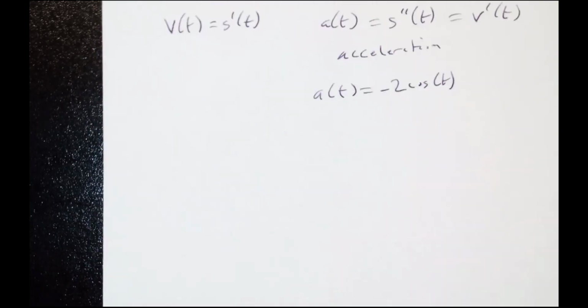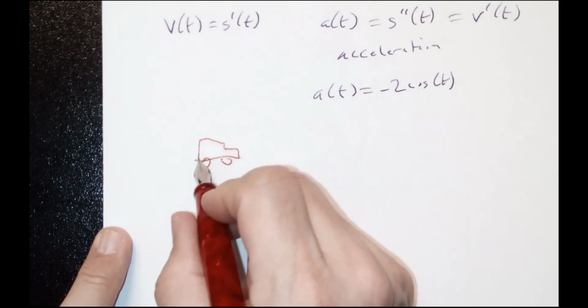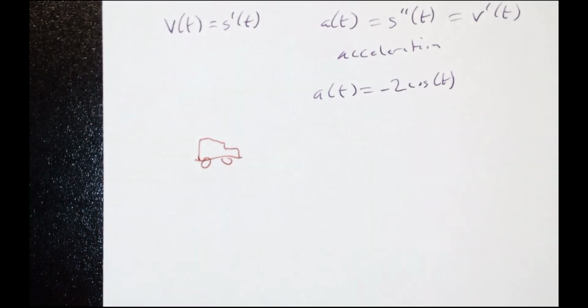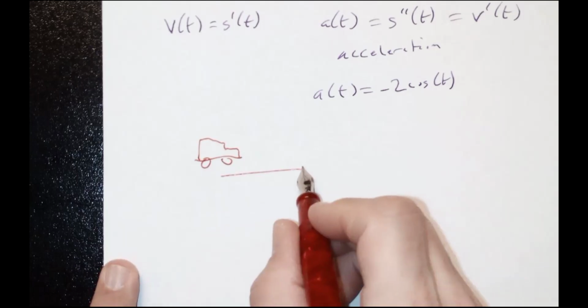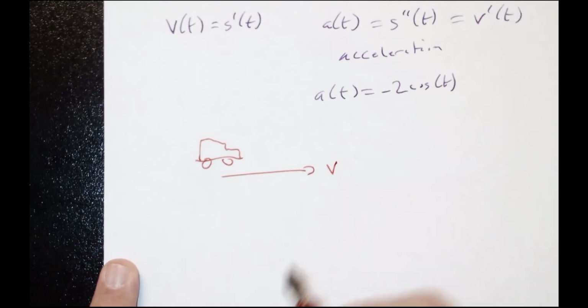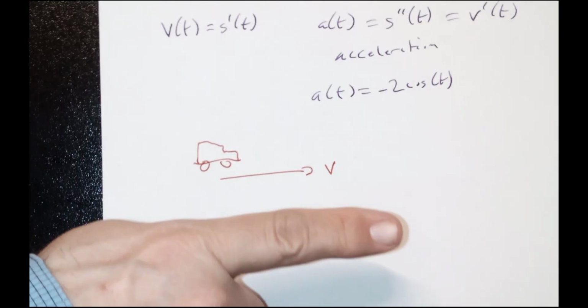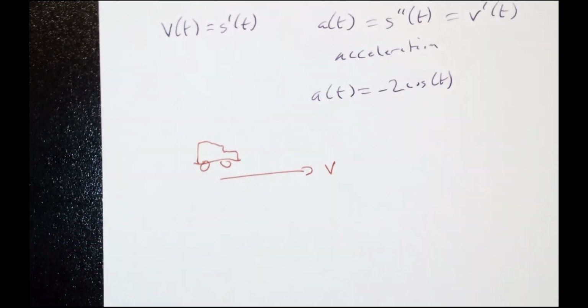Suppose, let's make this a little easier. Suppose you are in a car. And I tell you that this car, crappy drawing or not, is going this way with some velocity. If I accelerate that way, what will happen to my speed?